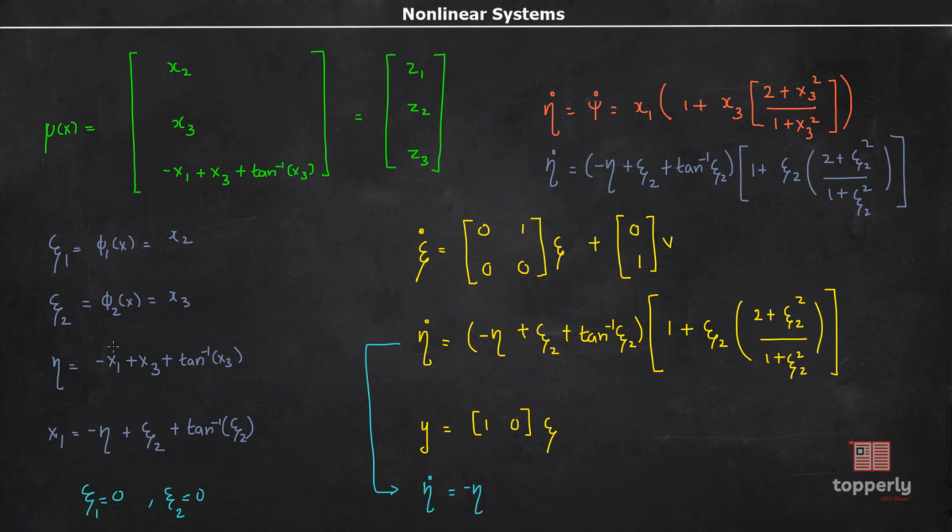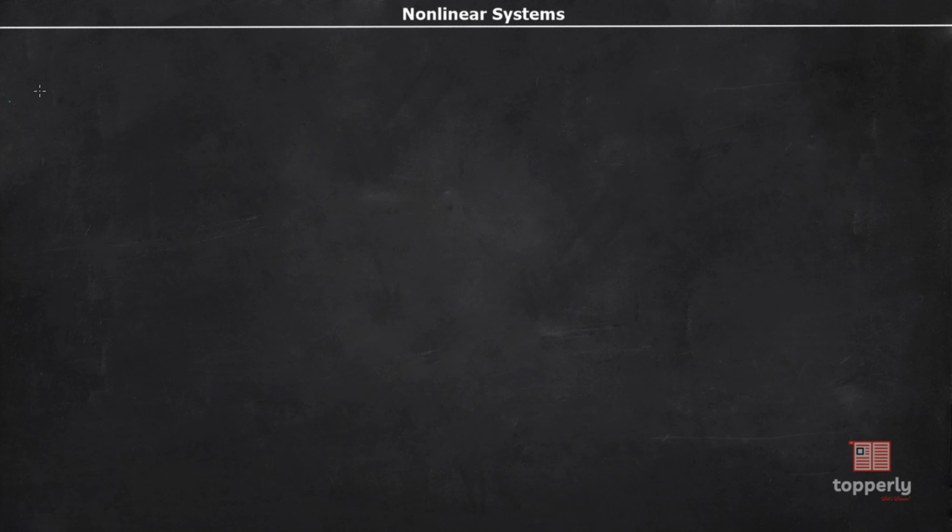So the only term remaining is minus x1. Therefore, this equation translates to x1 dot equal to minus x1.